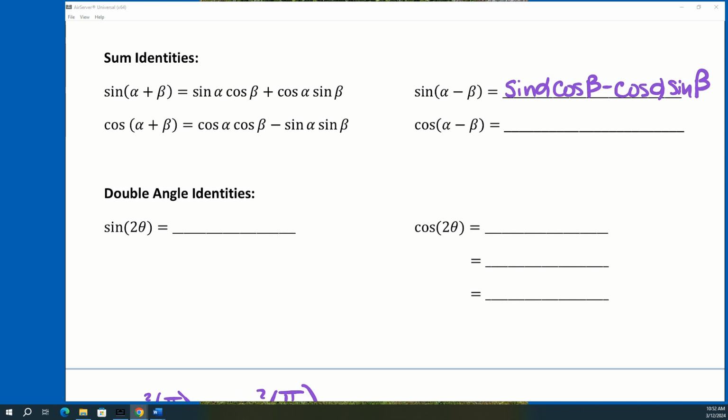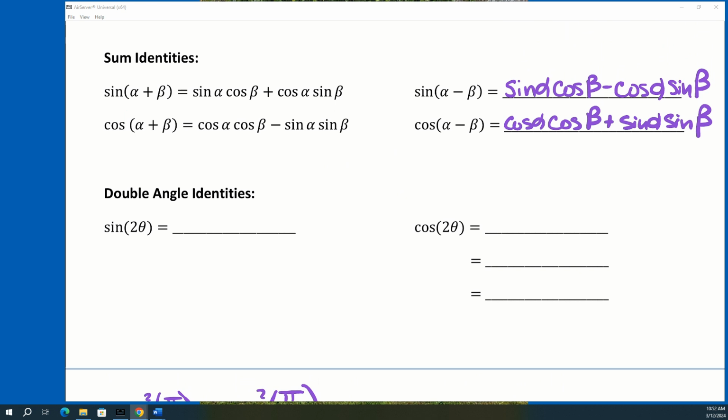All right, so how is it compared to this one? All right, those are the sum identities.